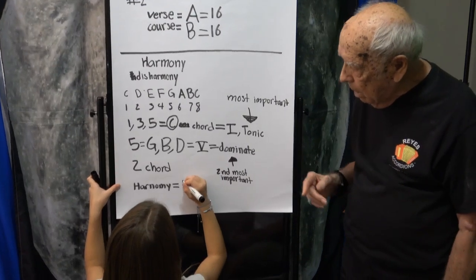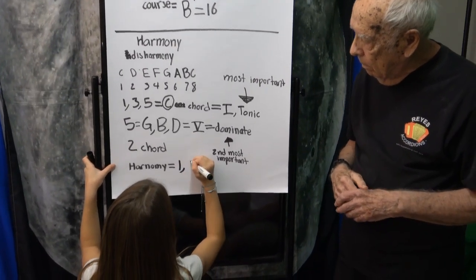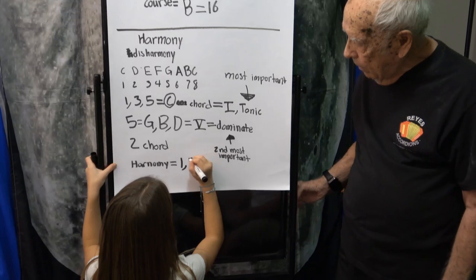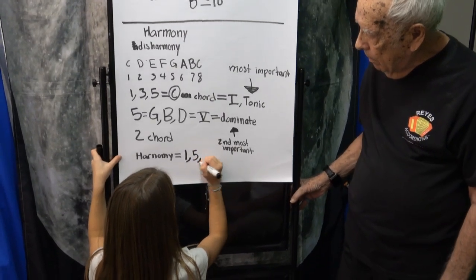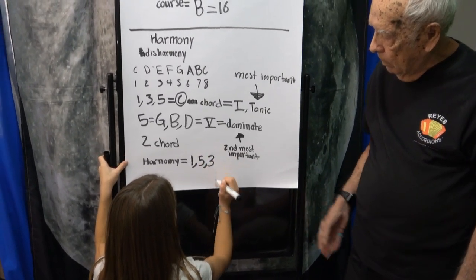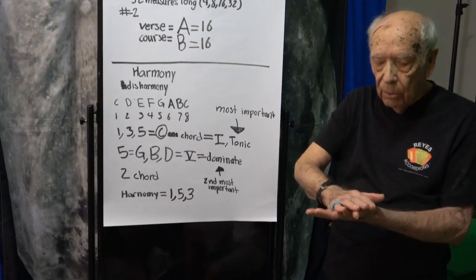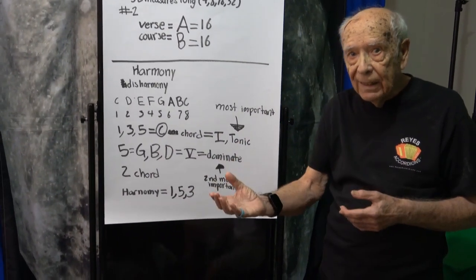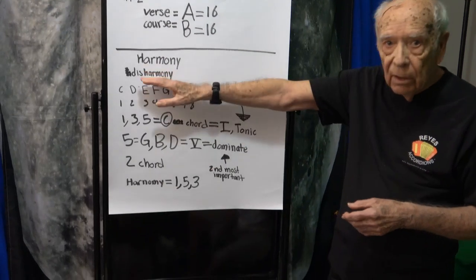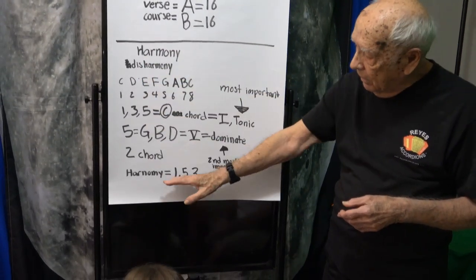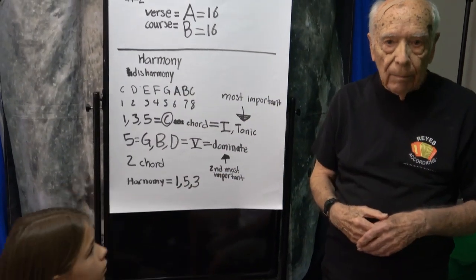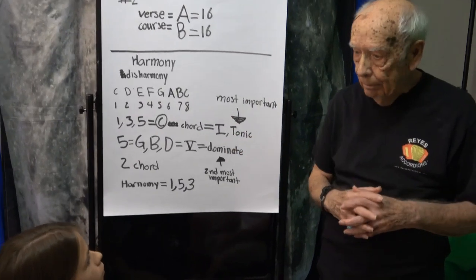Just write 1, comma, 5, comma, 3. So if you go to some bluegrass music, at the top of it it's going to tell you the rhythm, how fast it is. It'll tell you it's in the key of C, and it'll say it's a 1-3-5 song. And that's all they're going to tell you.